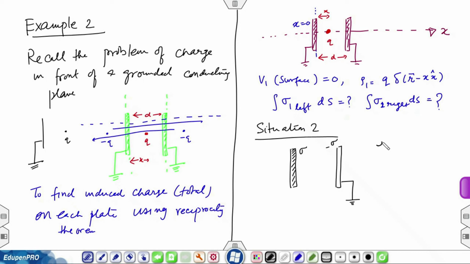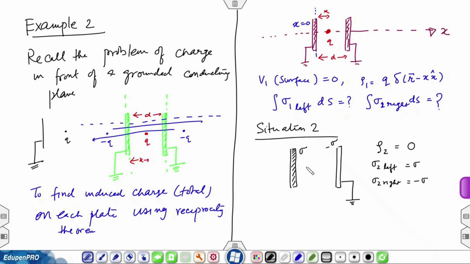So, rho 2, there is no bulk charge, is 0. Sigma 2 on the left plate is some sigma. Sigma 2 on the right plate is equal to minus sigma.